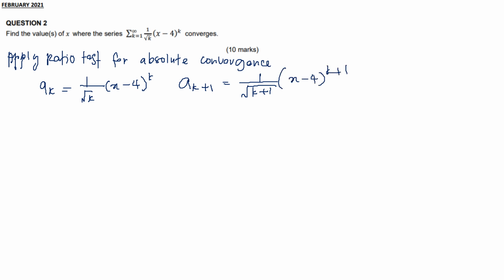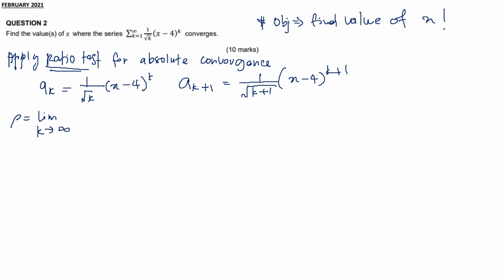So for the power series test, your objective is to find the value of x. You have to apply the ratio test first, and then rho equals limit k approaching infinity. The formula is a_(k+1) divided by a_k. Then you proceed.